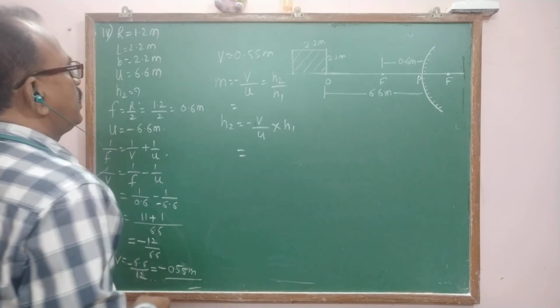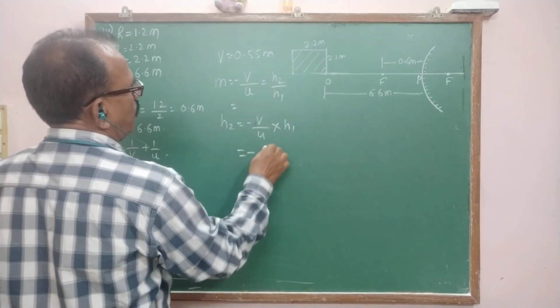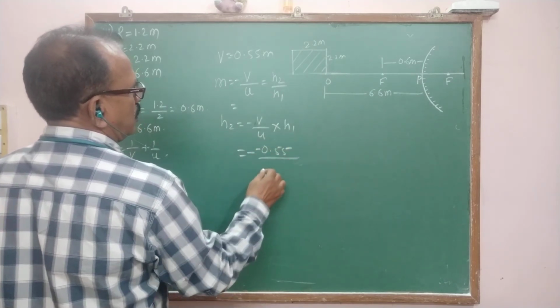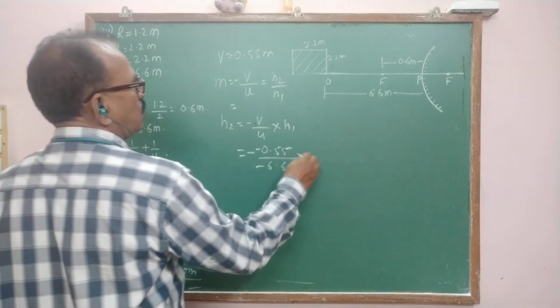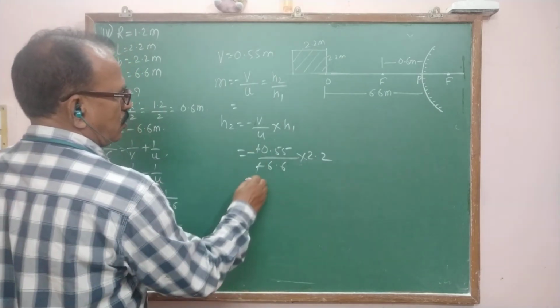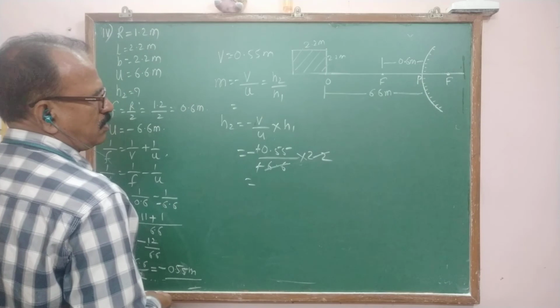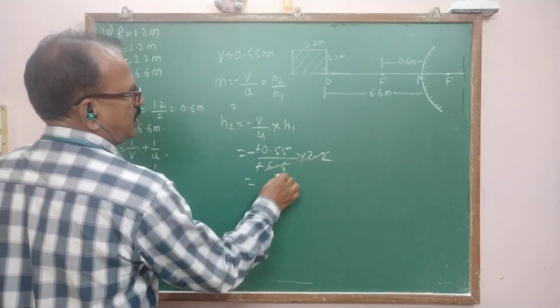So minus of minus 0.55, u is about 6.6 with minus sign, into h1, which is 2.2. So 2.2 will go into 6.6 three times.